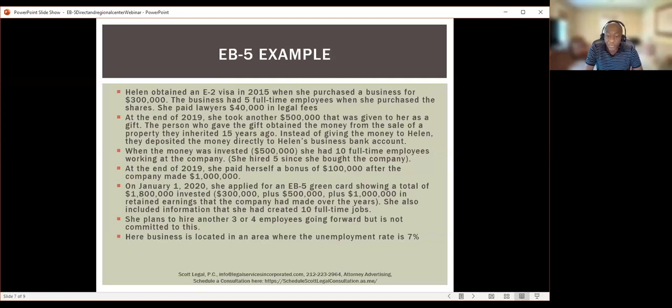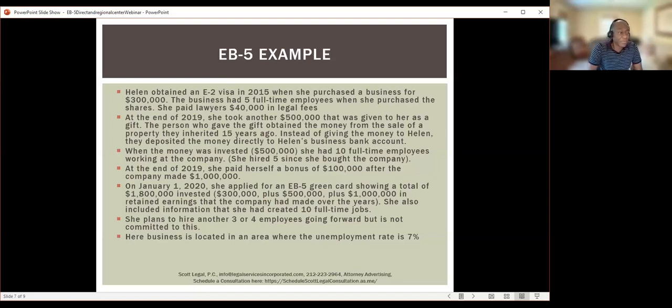And then on January 1st, 2020, she applied for a green card showing a total of 1.8 million. She invested 1.8 million: 300,000 initially, the 500, and then the 1 million that she made in profit. And she also said, I have 10 full-time jobs already, so I've met that requirement, and I don't really want to hire anybody else. And then her business is located in an area where the unemployment rate is 7%, right?